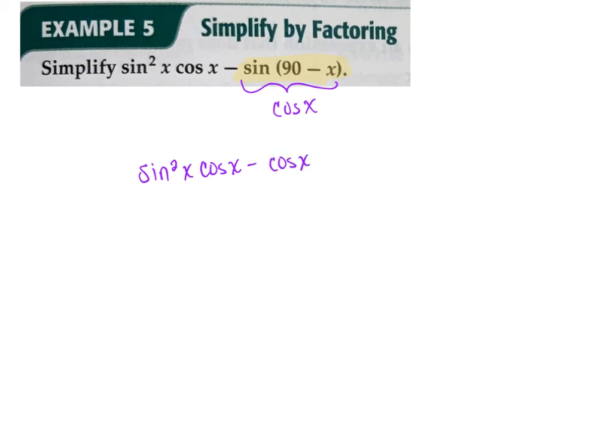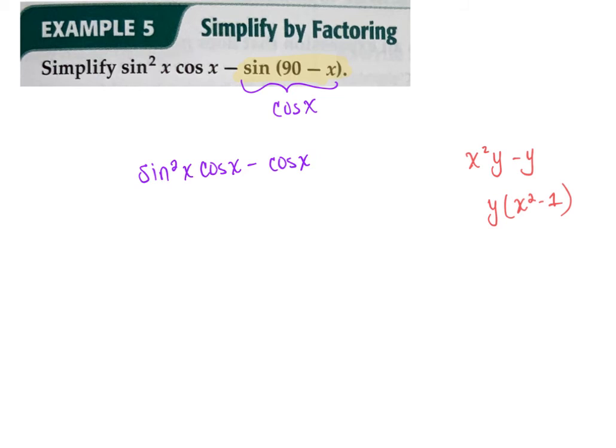Okay? So now I want you to look at this as though I had something like this. X squared y minus y. How could I factor that? Yeah, I could take a y out and I would have x squared minus 1, right? So far, so good.